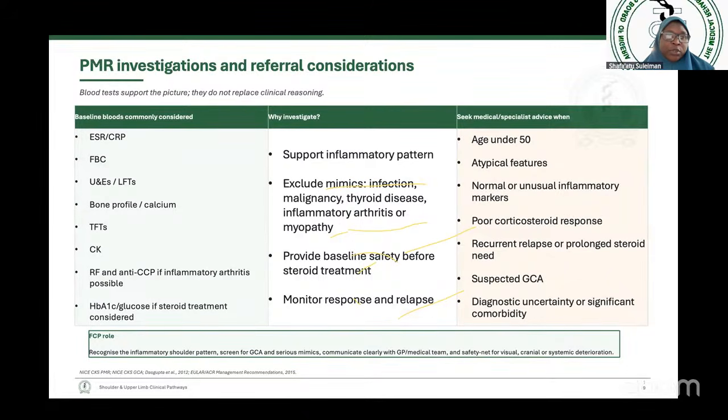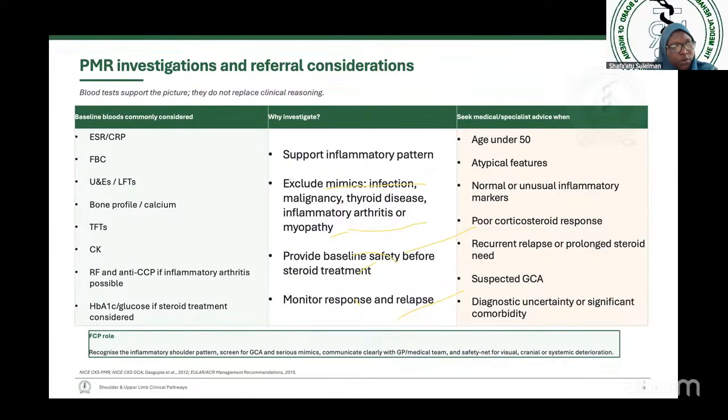So the baseline bloods commonly considered are the ESR, the CRP, the full blood count, urea and electrolytes, LFT. We also do the bone profile and the calcium, the TFTs and the CK, rheumatoid factor and the CCP if inflammatory arthritis is possible, because you might also be thinking towards inflammatory arthritis causing the pain rather than polymyalgia.